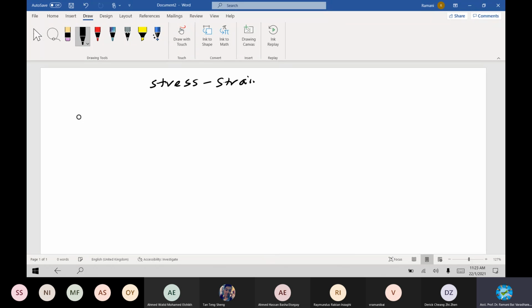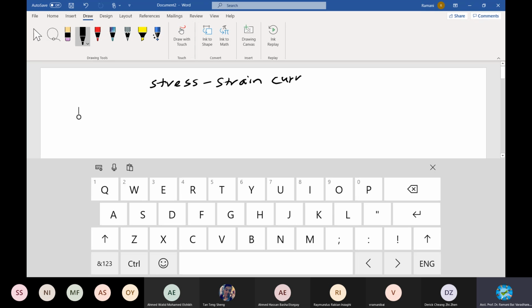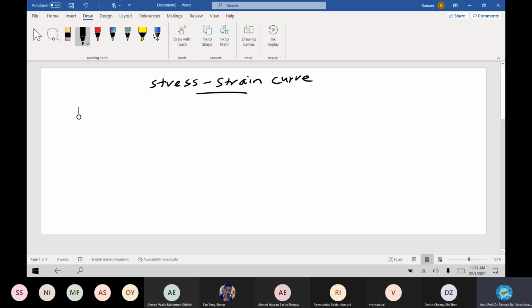Remember this meaning, then only you can appreciate your learning. Stress strain curve, good explain. Sometimes if I use strength, it is referring to the material's property, how it is distributing its stress for the given loading.